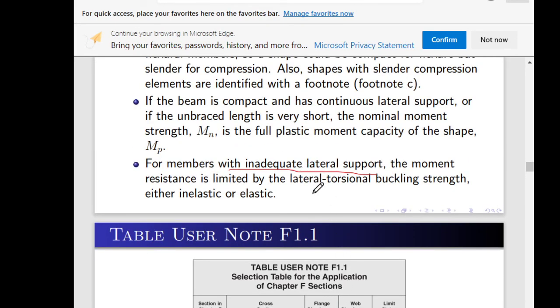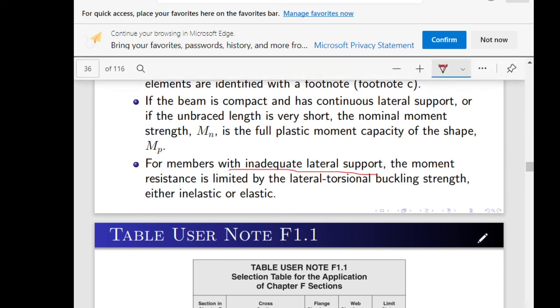So the tendency, if the lateral support is inadequate, is that the moment resistance will only be the lateral torsional buckling strength, either inelastic or elastic. But those two, flange buckling and web buckling, cannot be supported by inadequate lateral support.